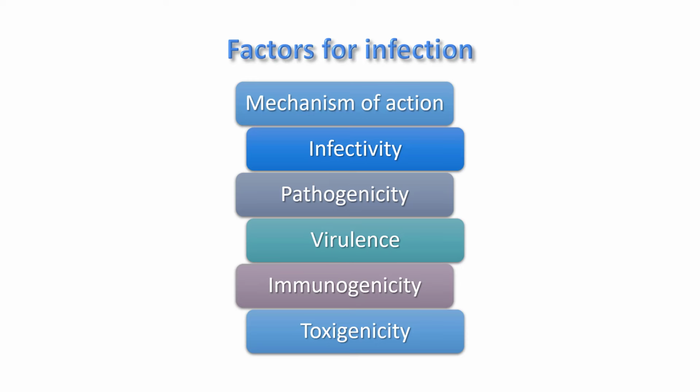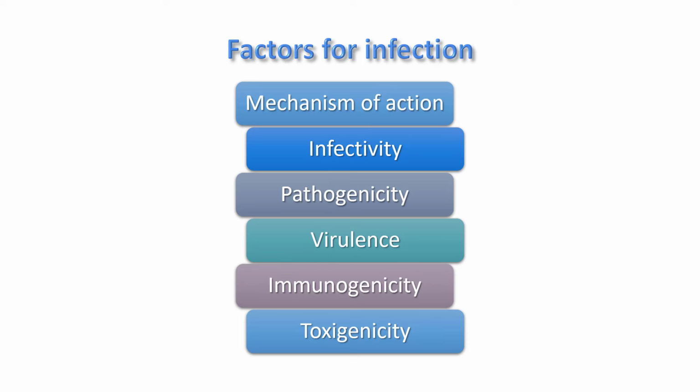Infectivity is the ability of the pathogen to invade and multiply in our body. For example, there are certain bacteria which produce certain enzymes which cause a protective layer to be formed around them, and they are able to cause infections.